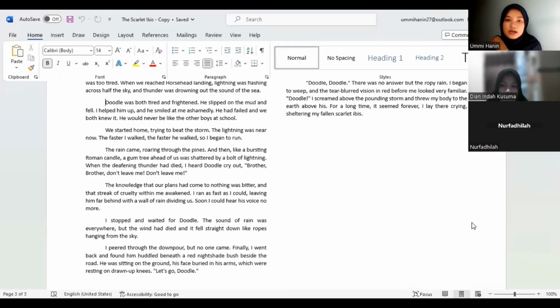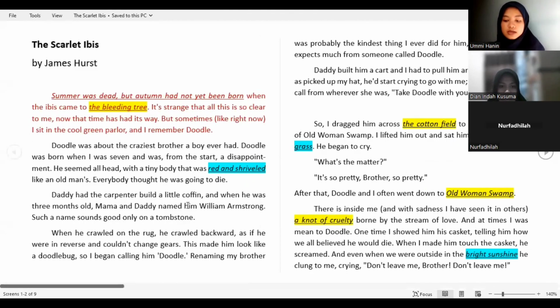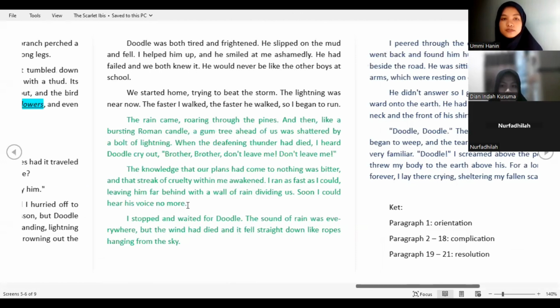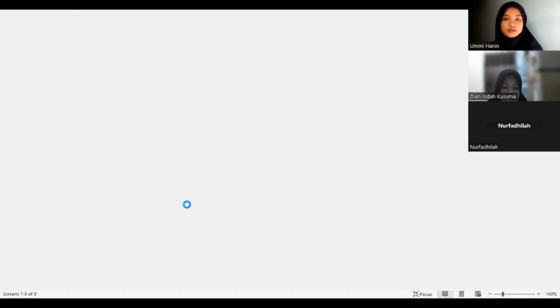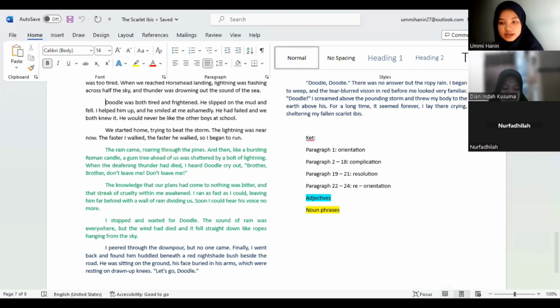So you can see here the right answer. Okay, you can see the right answer in the Word file. Is it clear for you? Is it clear, guys?